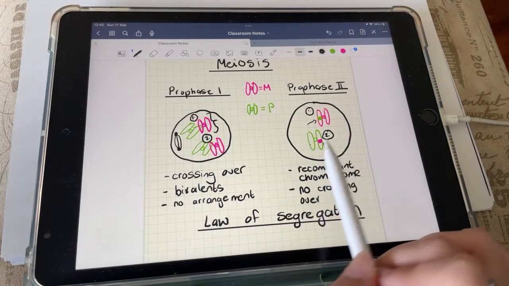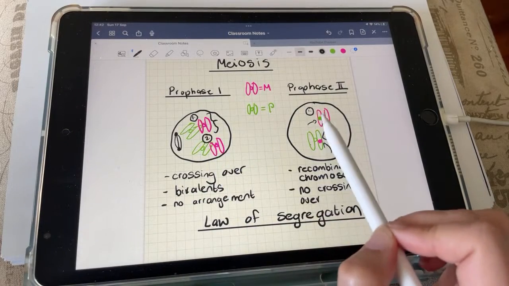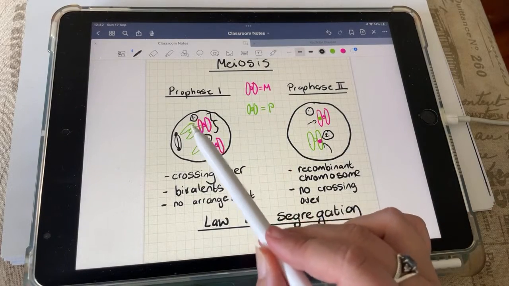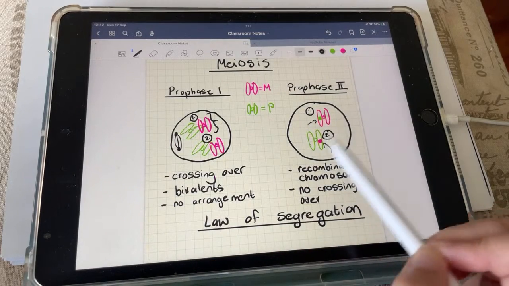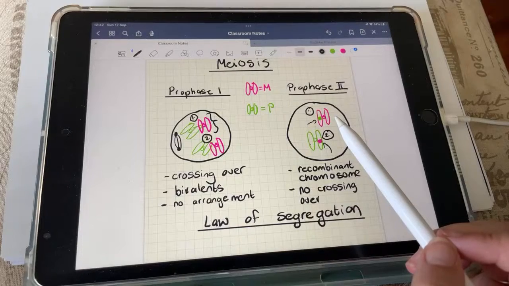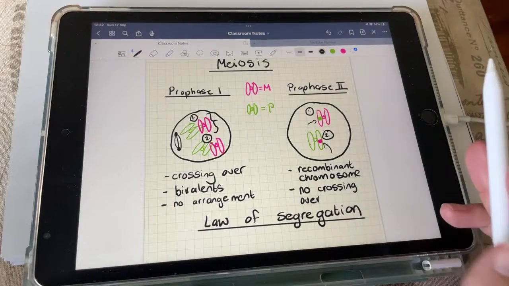Therefore, they cannot cross over with one another. Likewise with my pink number 1. Number 1 green is in the other cell. It is not here, so they cannot cross over. Because they are not homologous partners, they cannot cross over. There's no more variation that can occur through that mechanism.